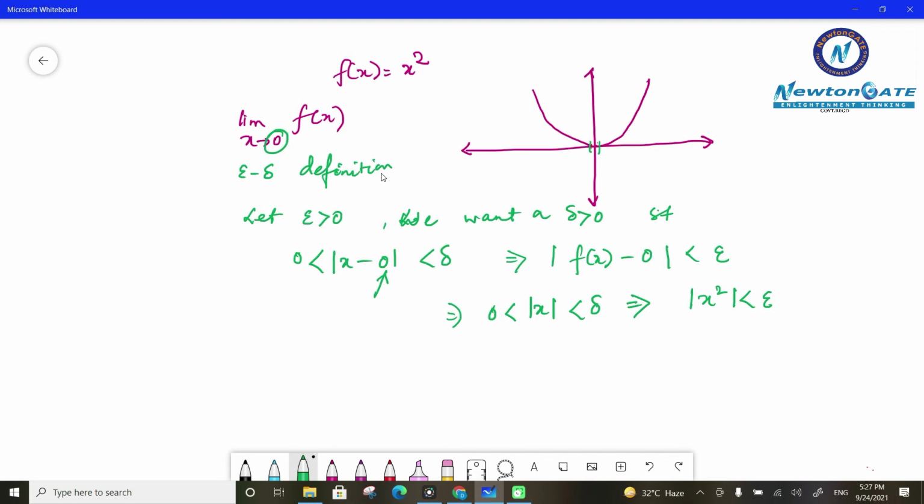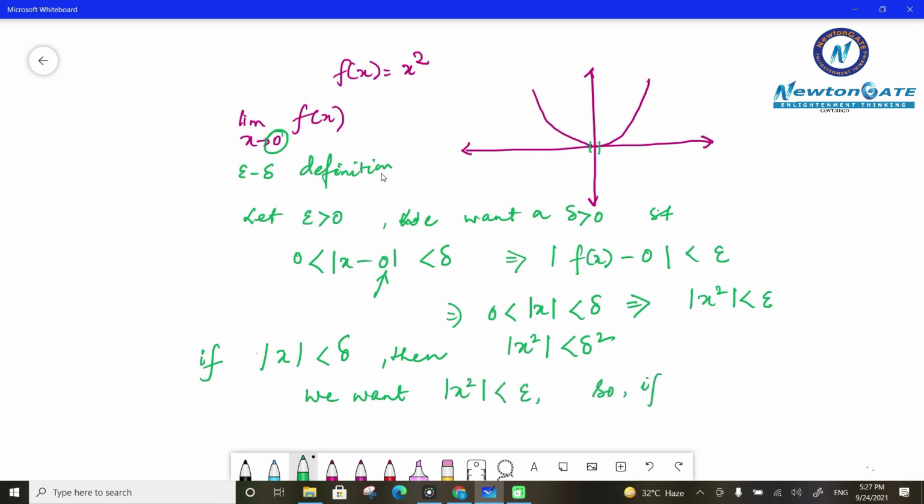Now what will happen if we take mod x less than delta, then x square is less than delta square. I'm just squaring it. Now we have also said that x square is less than epsilon. Okay, now we want x square to be less than epsilon.